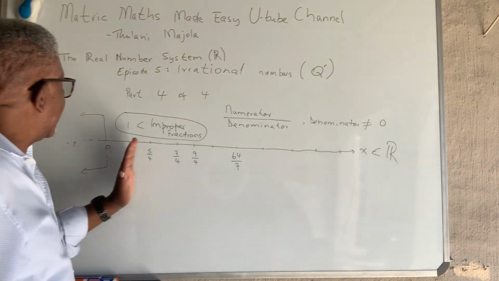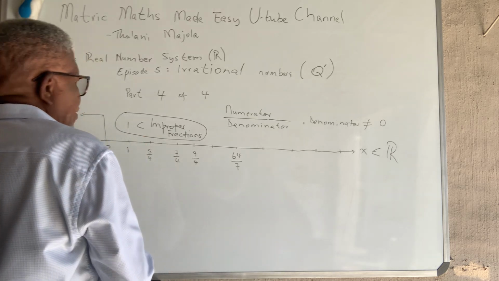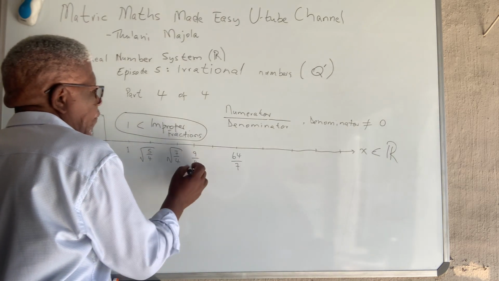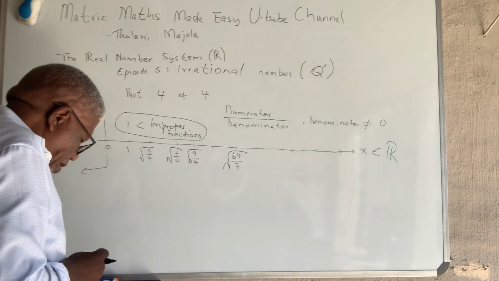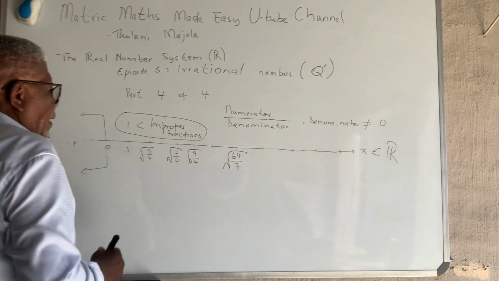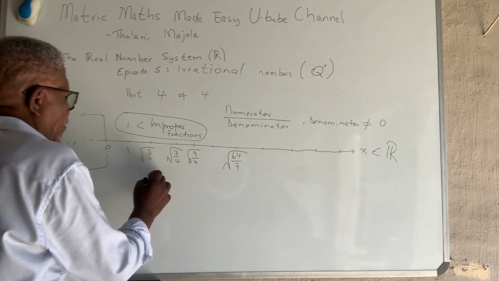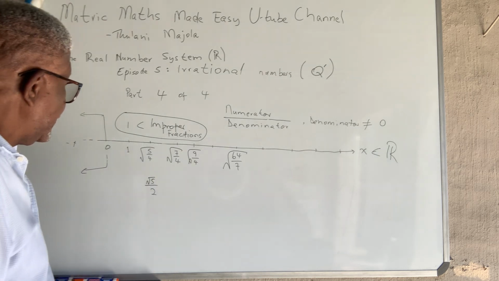Now I'm going to take the square roots of these fractions, which are greater than 1. So the square root of 5 over 4, the square root of 7 over 4, the square root of 9 over 4, and the square root of 64 over 7. What do I get? I get the square root of 5 divided by the square root of 4, which is 2.